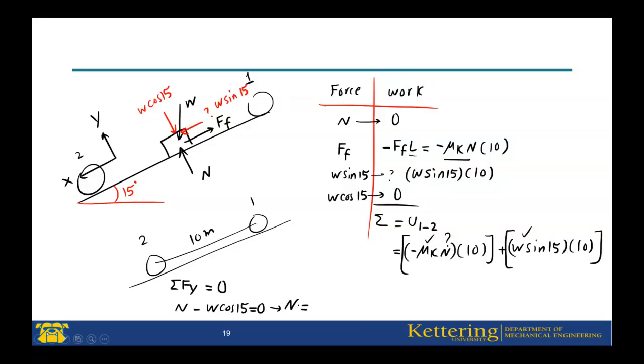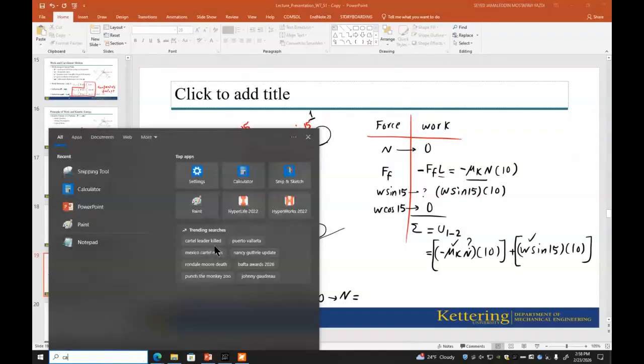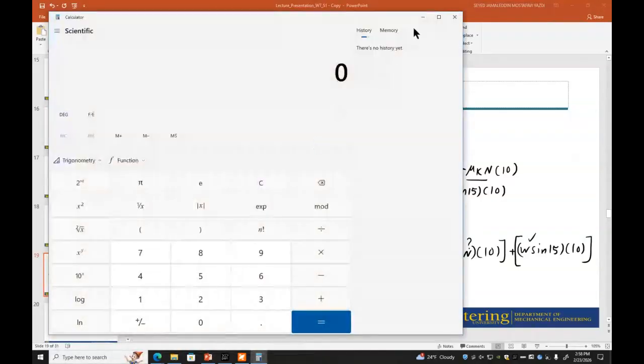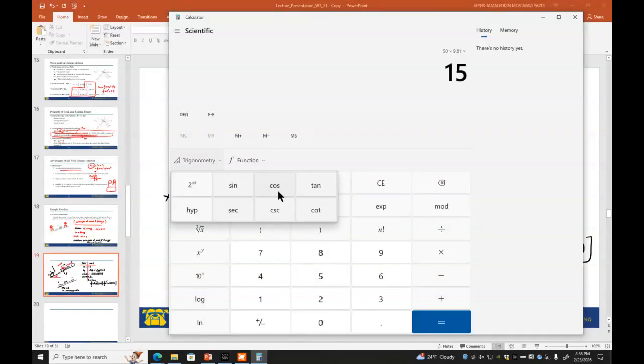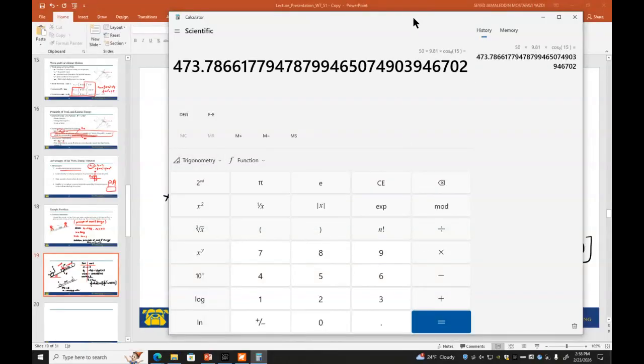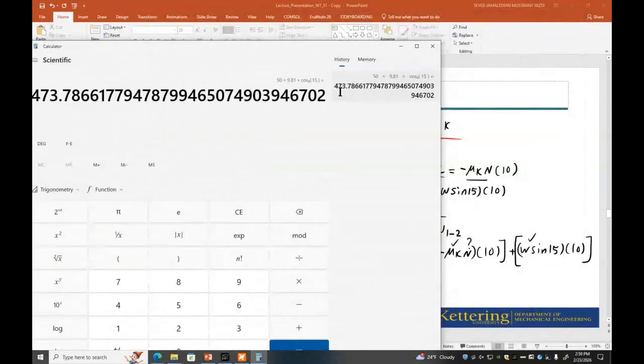The normal force can be found: the mass is 50, g is 9.81, multiplied by cosine of 15. The normal force will be 473.8.